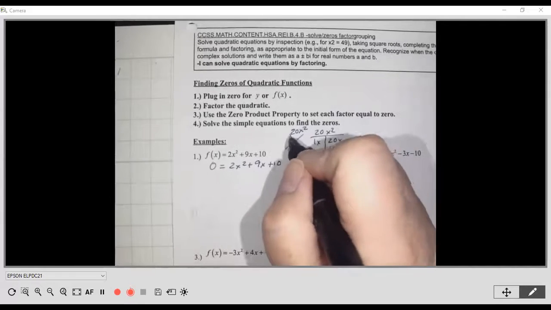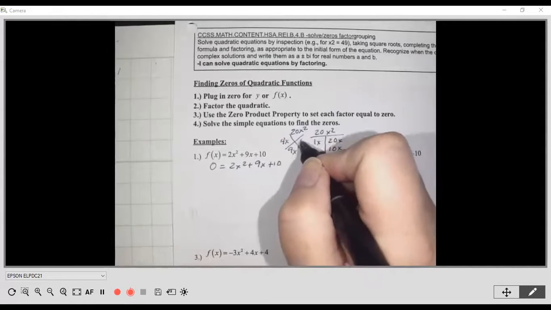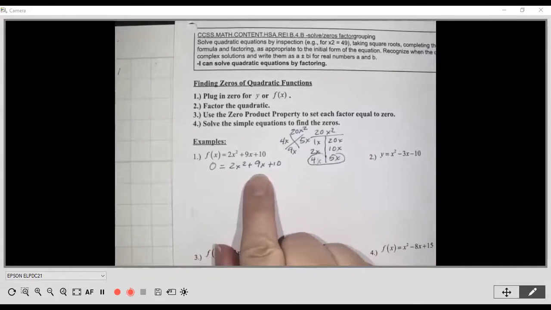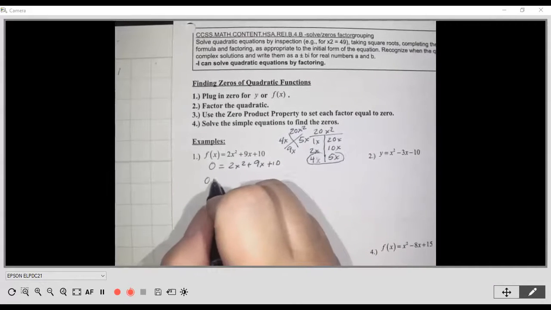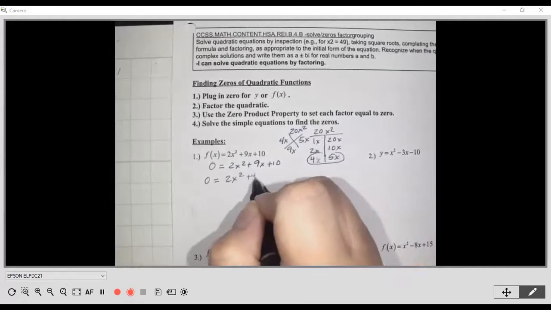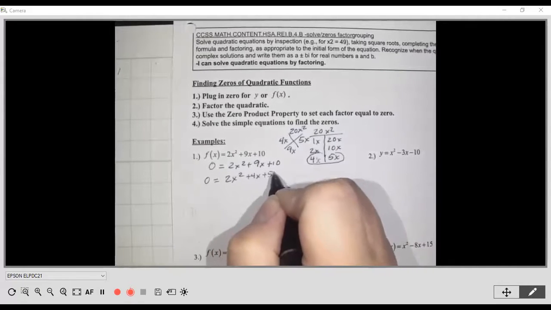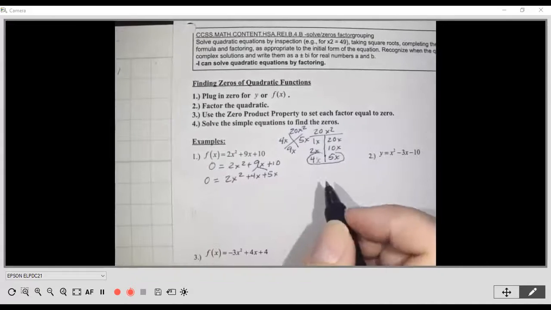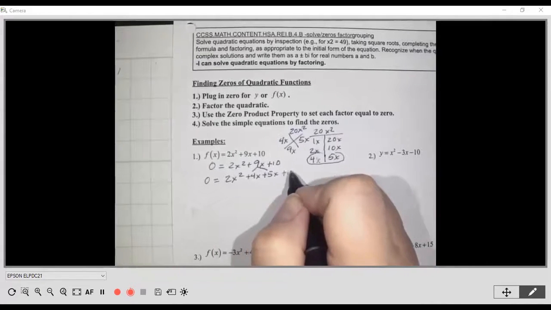So these will go in our factoring x. And we'll break that 9x apart into 4x plus 5x. So we now have 0 equals 2x squared plus 4x plus 5x instead of the 9x. We just broke that down into the plus 4x plus 5x and then bring down the plus 10.